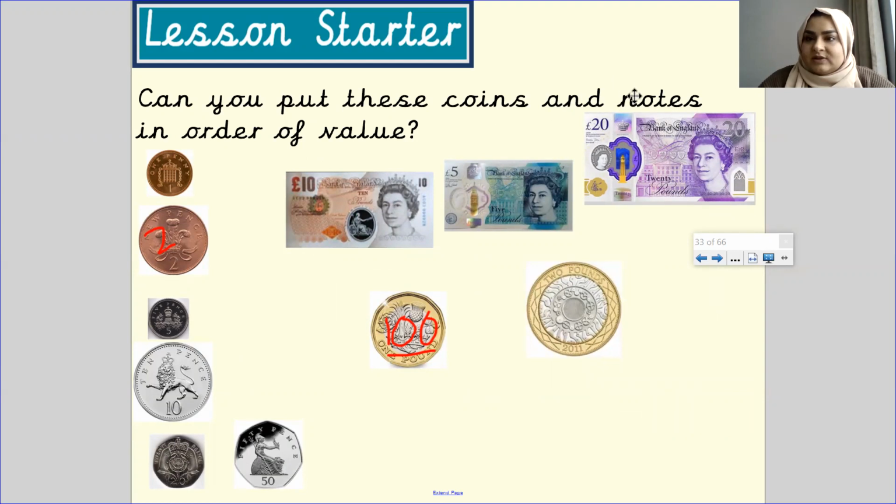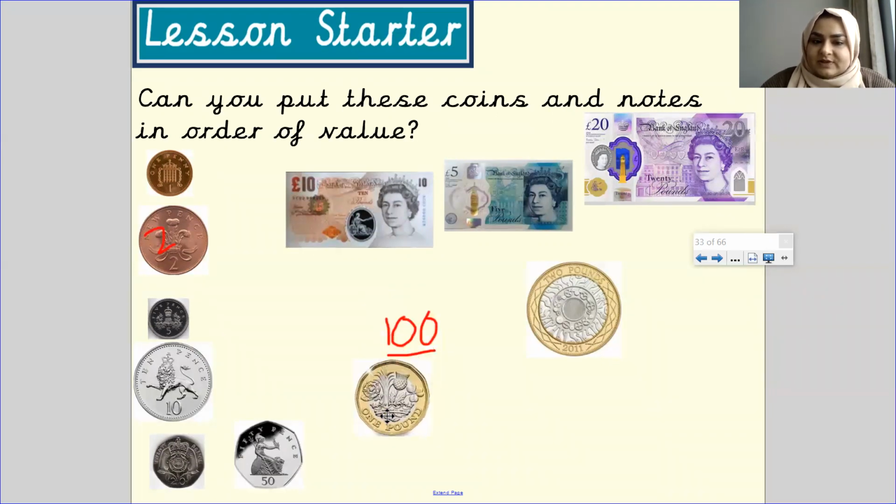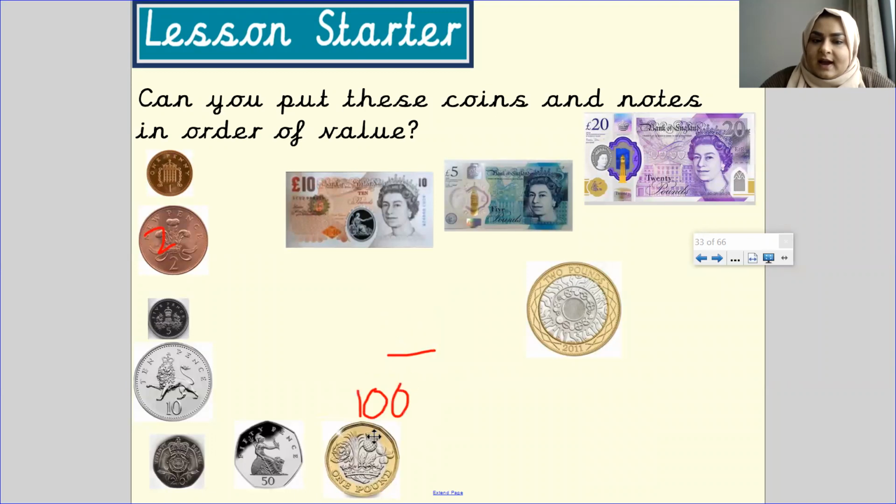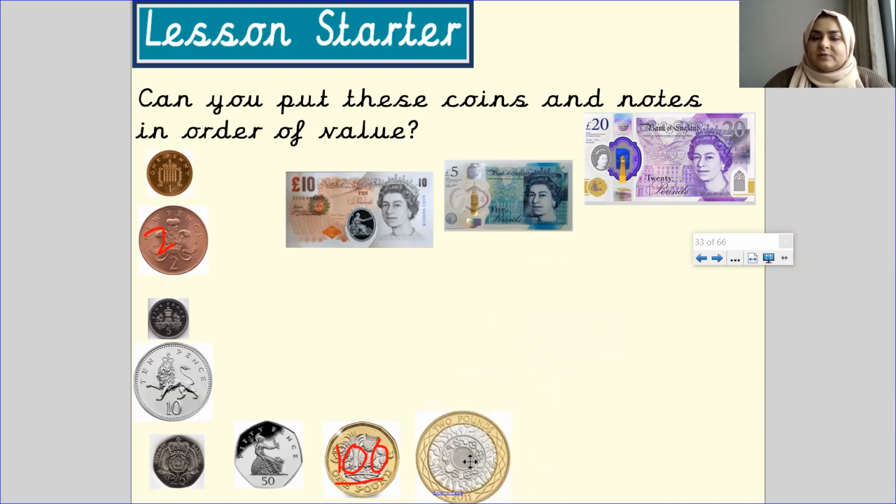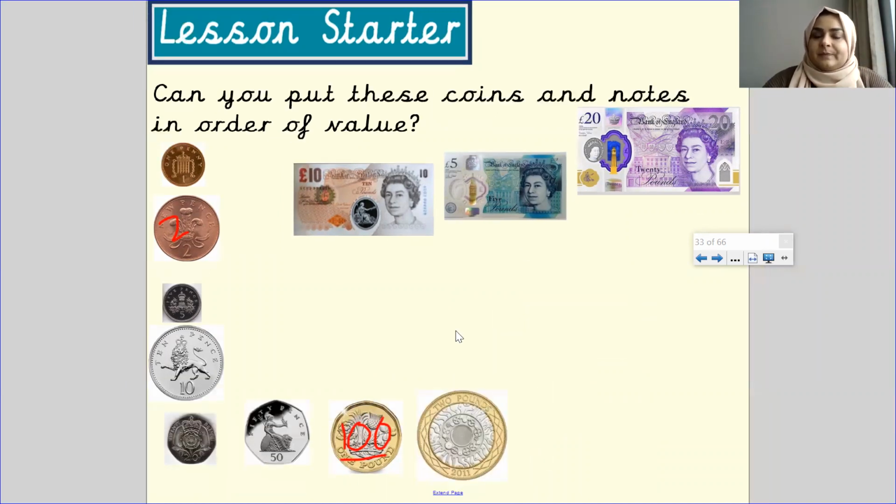So you need to remember that pennies are smaller than pounds, because pounds mean hundreds of pennies, depending on what the number is. So for example, £1 comes after 50p, and £1 actually means 100 pennies, which means £2 means 200 pennies.